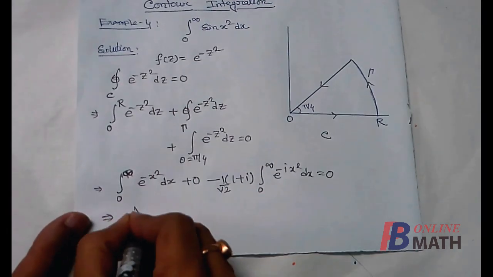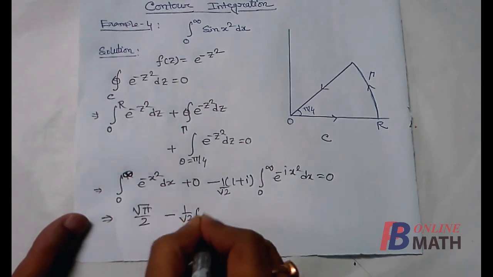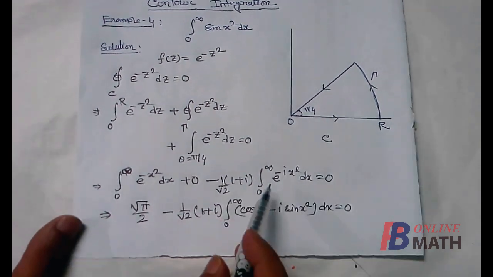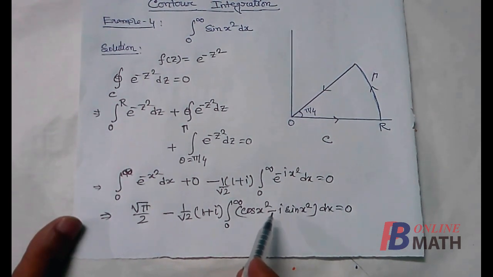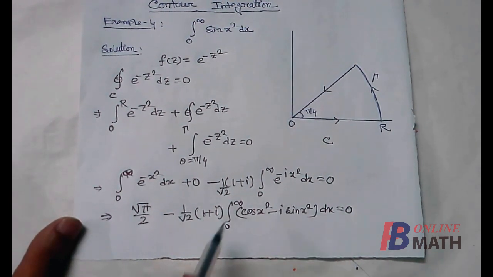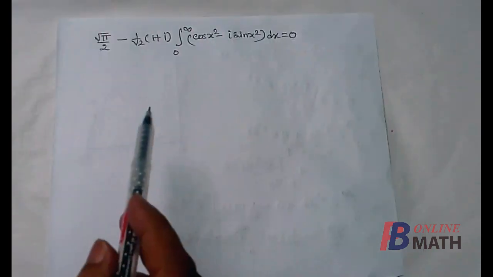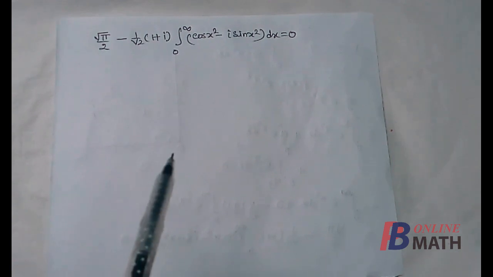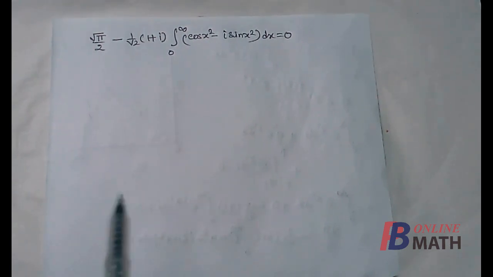So how do we replace? This is √π/2 minus 1/√2 (1 + i). Now e^(−ix²) can be written as cos(x²) − i sin(x²). So next we write this equation. Now here it is. We shall compare the real parts and the imaginary parts from both sides.